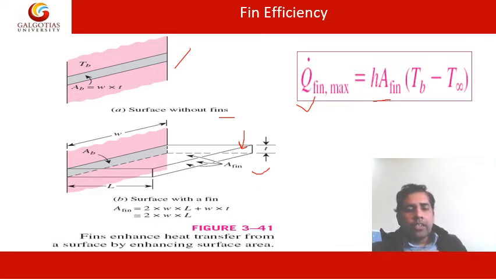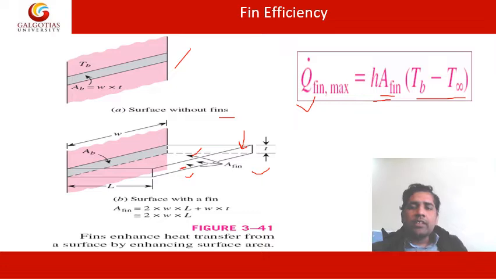The area of the fin will consist of this surface, the below surface, as well as this surface also. All those surfaces from which heat is being transferred by convection make up the total area of the fin, into the temperature difference.